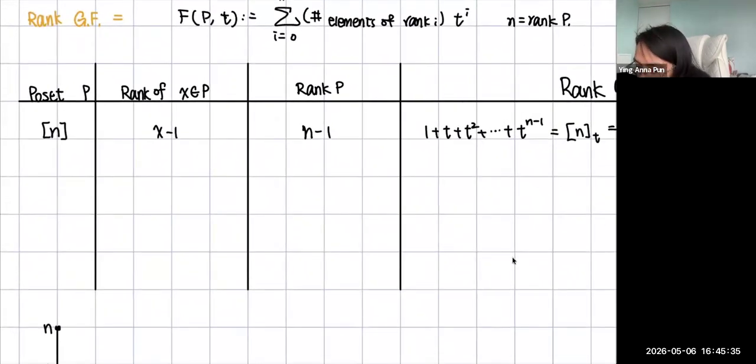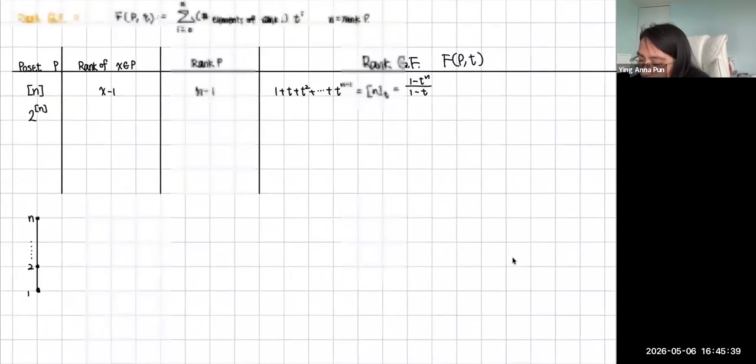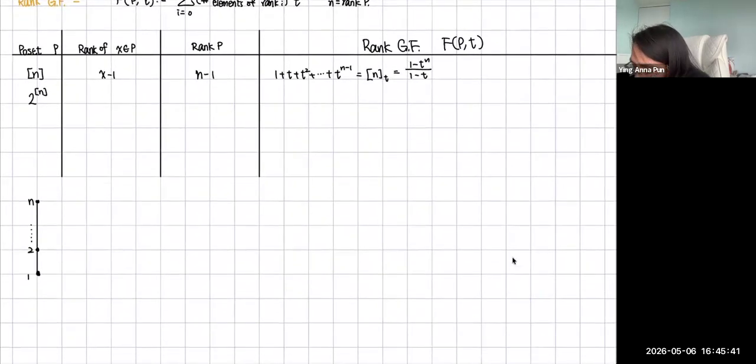All right, so how about the Boolean algebra? Right, so we recall the Boolean algebra is something like, I have some empty set, and then maybe you have 1 and 2, and then you have the subsets. So say, for example, I have the Boolean algebra on 1, 2. Then this is the Hasse diagram.